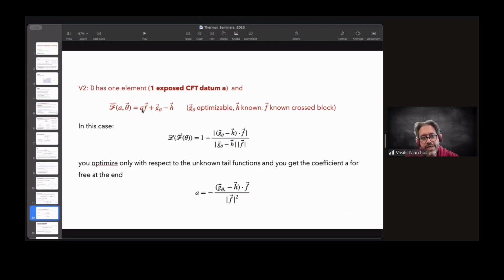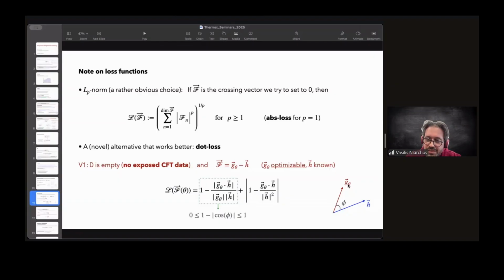F will take the form A, your unknown one-point function, times, for example in the thermal bootstrap, a thermal block, which is a known function, plus everything that has to do with the tails, plus something explicitly known, like the identity contribution. Then in this case, you can do again the same thing. You can try to change g theta so that g theta minus h, this vector, goes parallel to f.